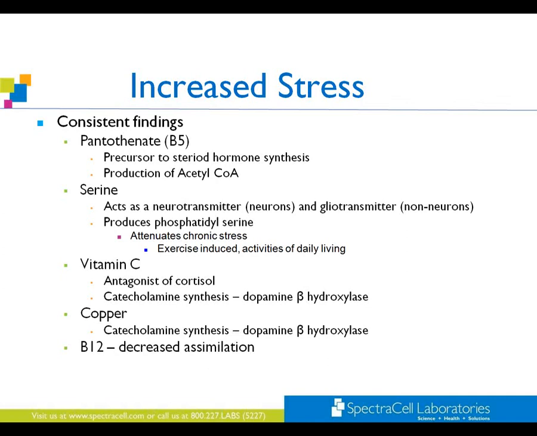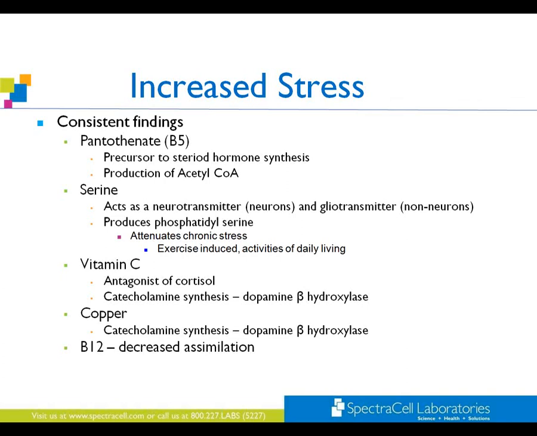The other nutrient that really helps you establish this increased stress or adrenal dysfunction pattern is serine. Serine acts as a neurotransmitter within the neurons, but it also acts as a gliotransmitter outside of the neurons. From a functional medicine standpoint, most of the time when we're thinking about serine, we're thinking about it in the context of phosphatidylserine. If we're seeing a drop in serine, we're thinking about the body's inherent ability to offset some of the damaging effects of that chronic stress response.